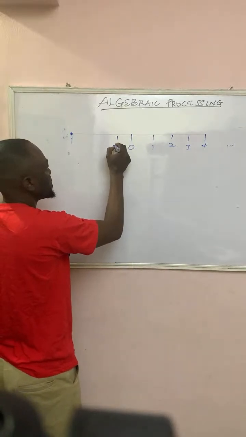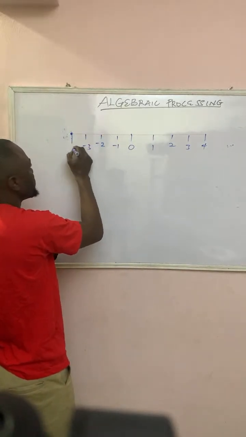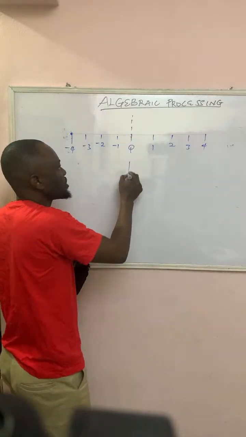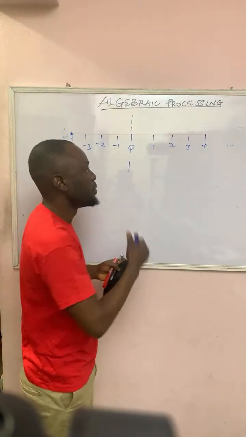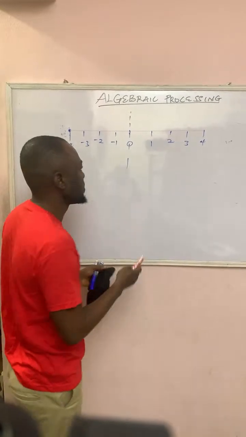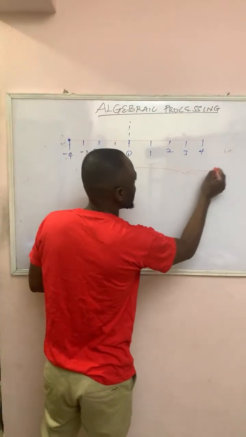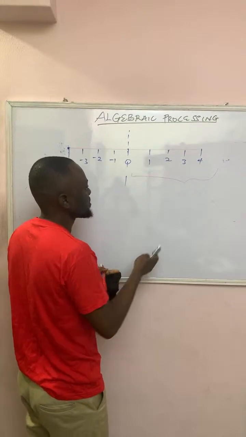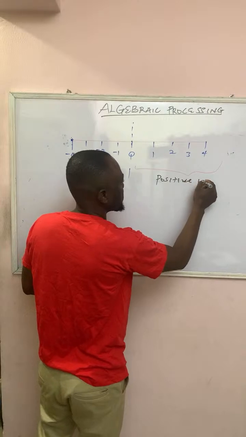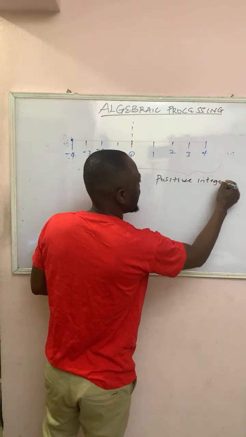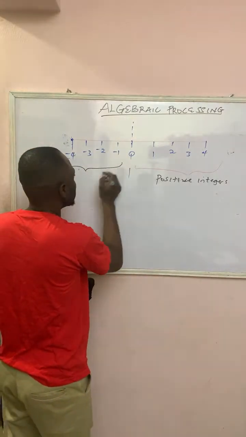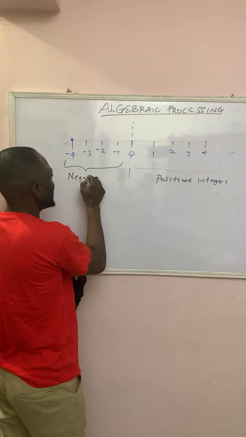So this is -1, -2, -3, -4. If you look at it, 0 is just like the midpoint between positive and negative integers. For values greater than zero, you have positive integers, and for values less than zero, we have negative integers.